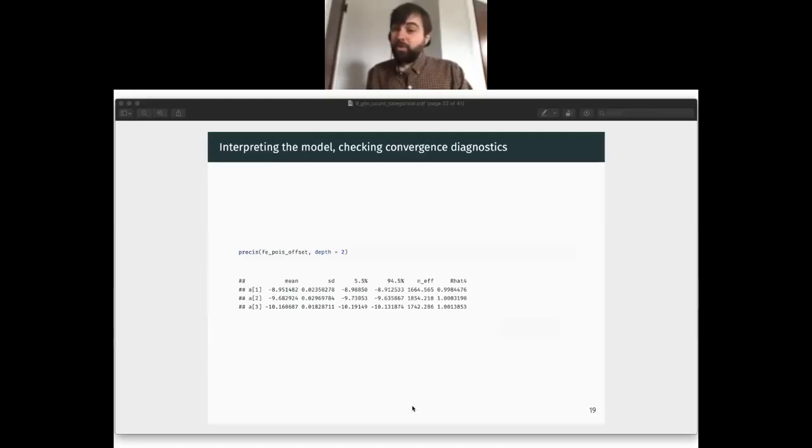So what that is, it's the log expected deaths per person. When I take the exponentiation, e to the negative 8.9, I get 0.0001. That means for every person, we expect 0.0001 deaths. Now that's a funky scale.